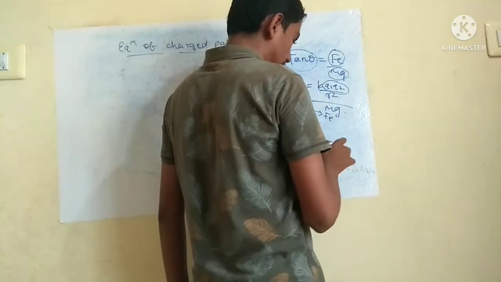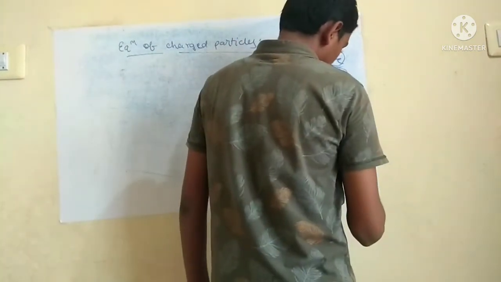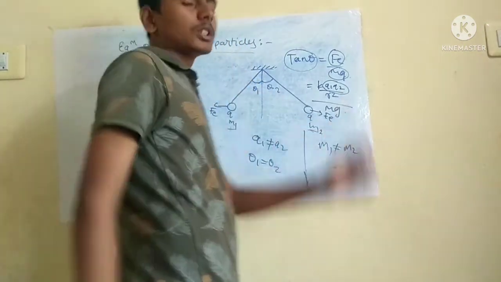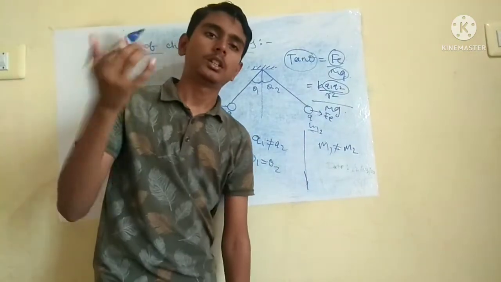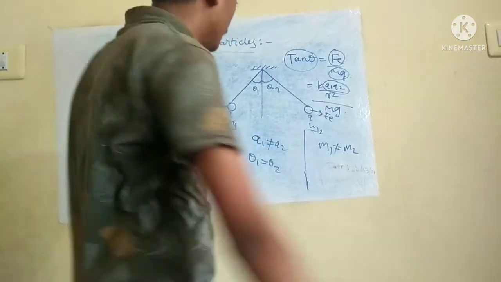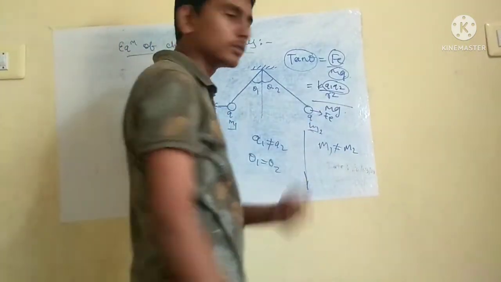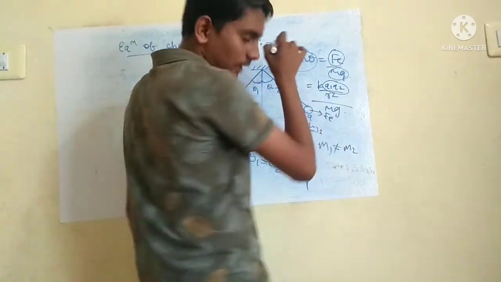Now consider charges are equal, Q1 is equal to Q2, but M1 is not equal to M2. Their masses are not equal. Now say whether theta 1 and theta 2 will be equal. No, they will not be equal, because this mg, this gravitational force will vary in those conditions. So if this varies, this tan theta also varies.